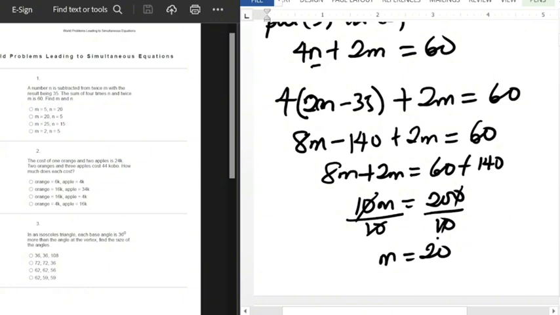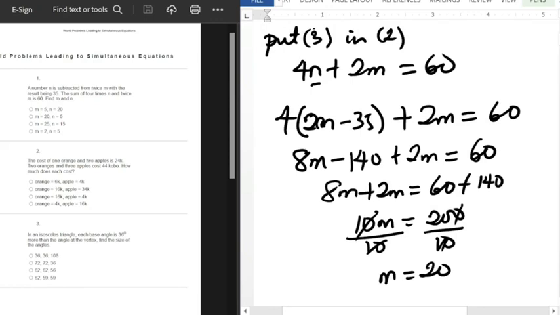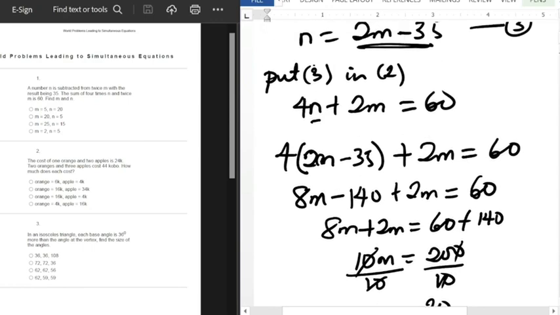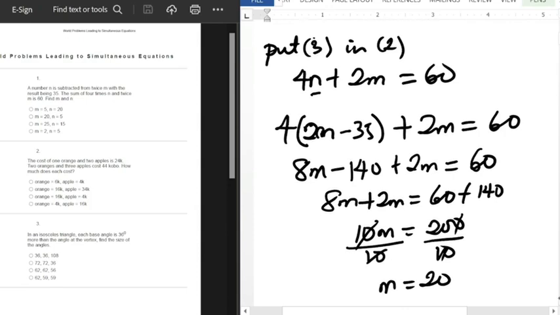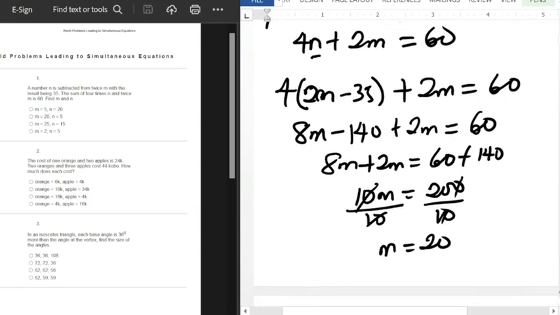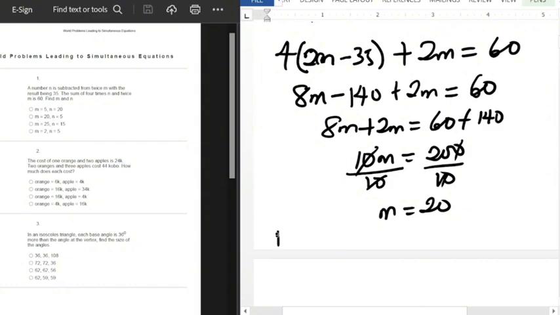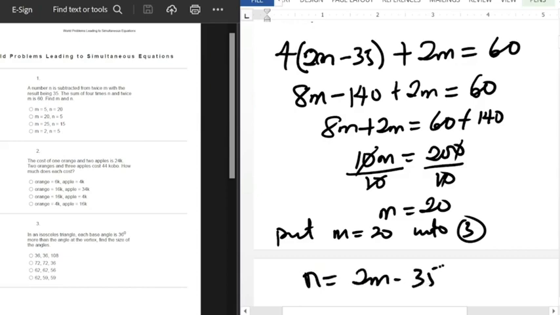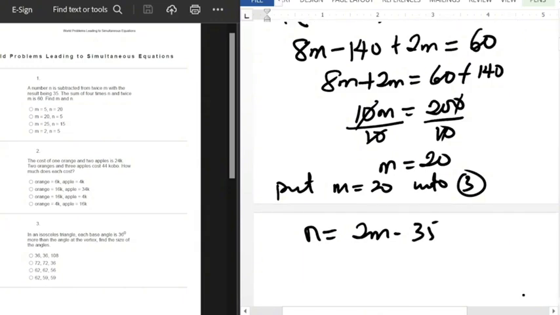So it remains n. So we're going to substitute this in equation 3, and equation 3 is n equals 2m minus 35. So we're going to put m equals 20 into 3. So n equals 2 times 20, minus 35.